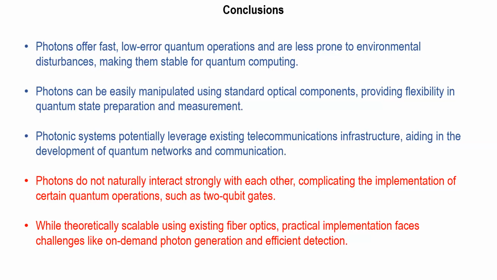Photons can be easily manipulated using standard optical components, for example beam splitters, mirrors, wave plates, and maybe lenses, right? So these elements. And photonic systems can potentially leverage existing telecommunication infrastructure.